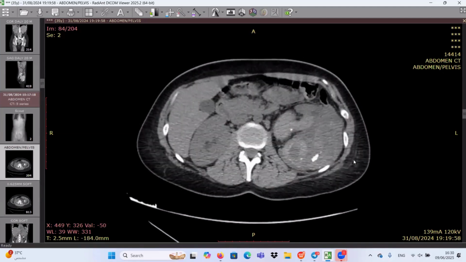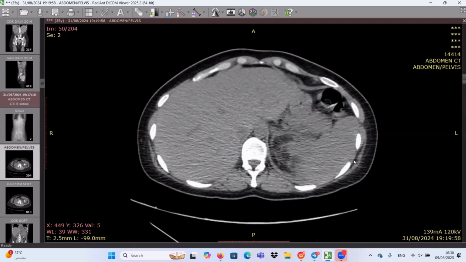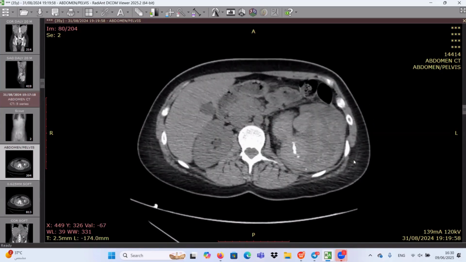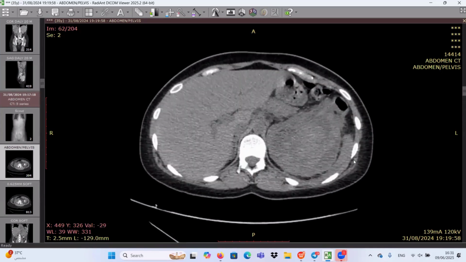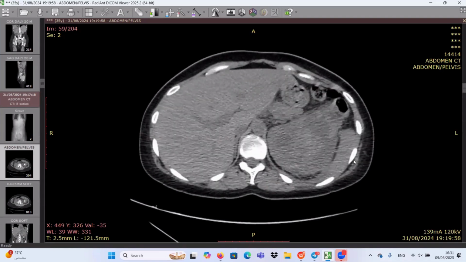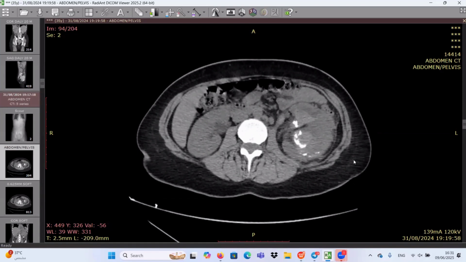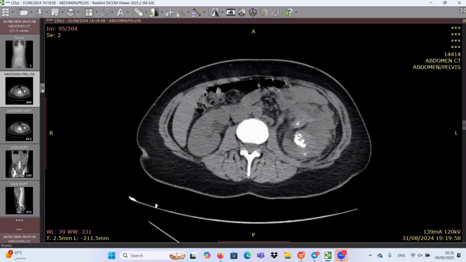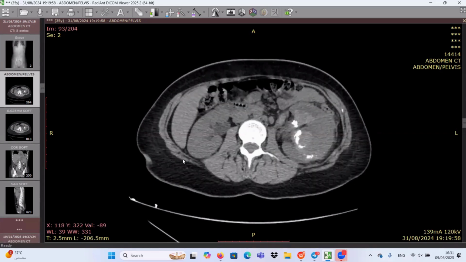There are hyperdensities noted in the renal parenchyma, which are coarse calcifications, and a hyperdense tubular structure is seen in the renal hilum. There is also perinephric fat stranding and thickening of the Gerota's fascia. I would like to see the coronal images if available.